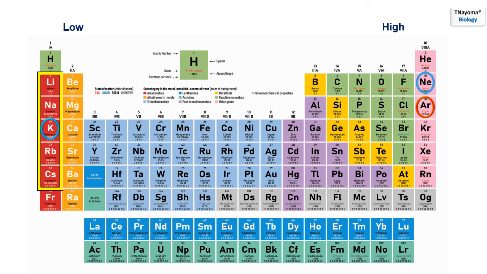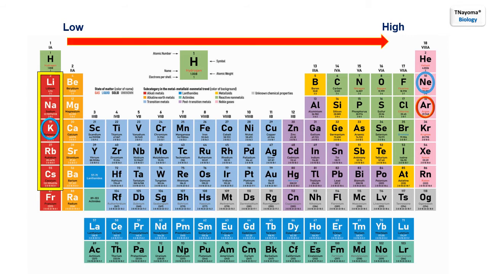So generally, let's see what the trend is. When you go from left to right across the periodic table, it goes from low energy to high energy. The ionization energy increases from left to right. It is easy to remember that the elements in groups 1 and 2 are ready to get rid of their electrons in the shell, but the elements in groups 7 and 8 never want to remove their electrons.